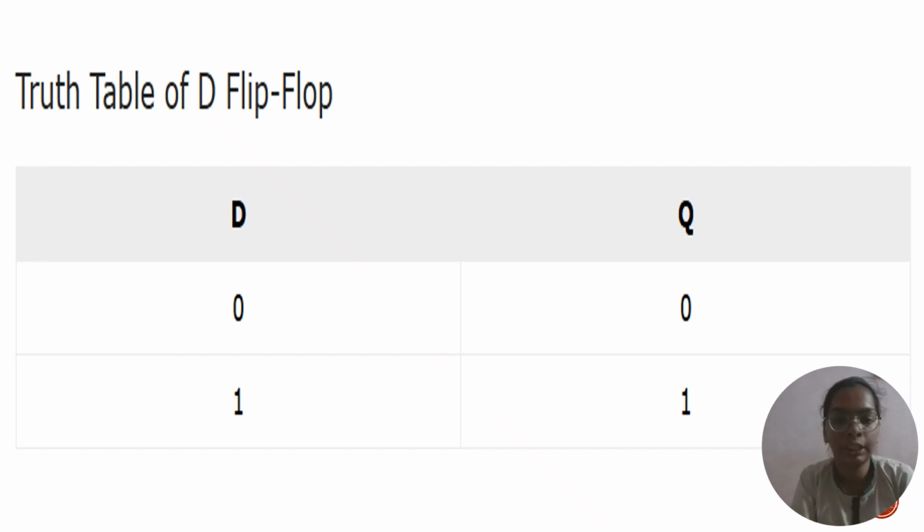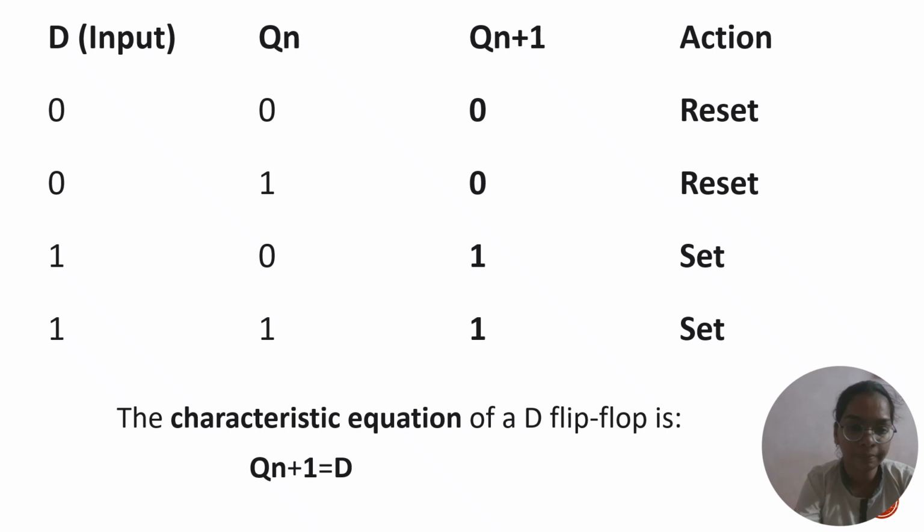Truth table of D flip-flop. When the D input is 0, the output is 0. When the D input is 1, the output will be 1. The characteristic table of D flip-flop is given as shown in the figure.